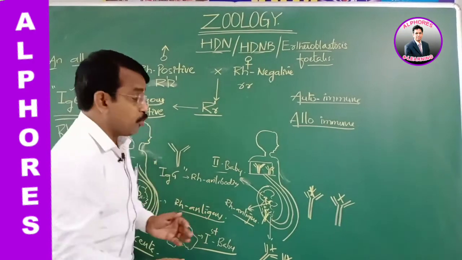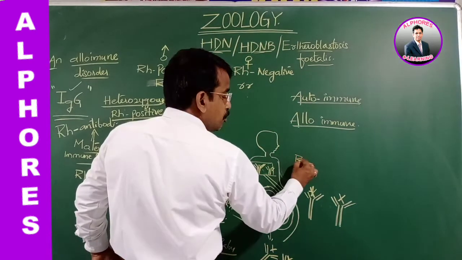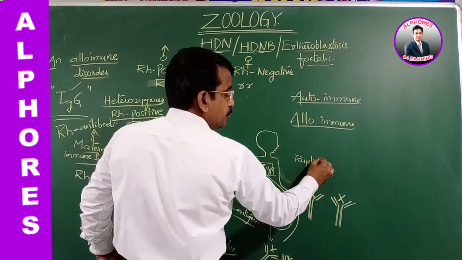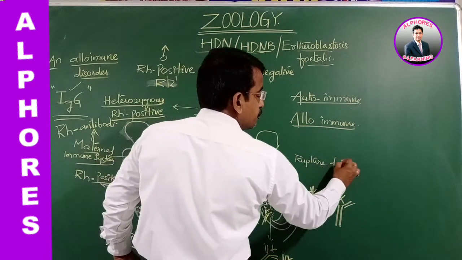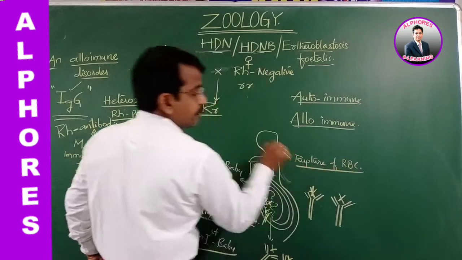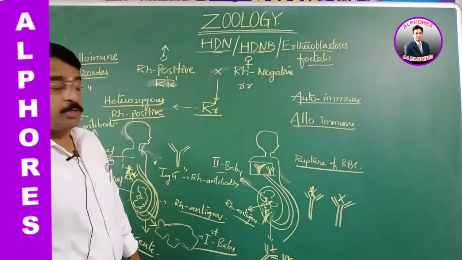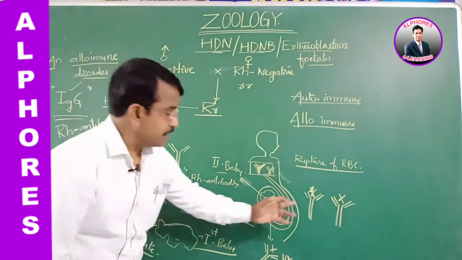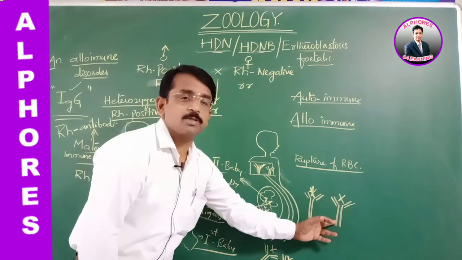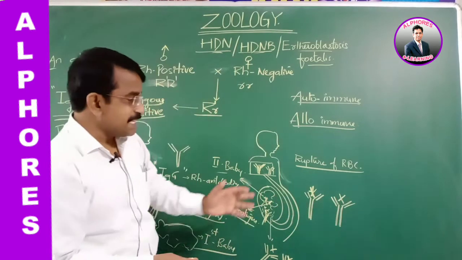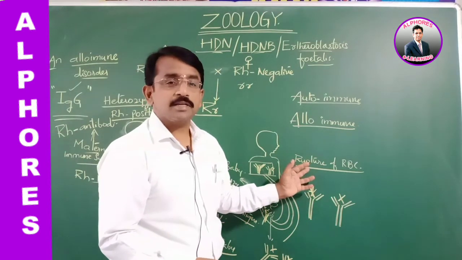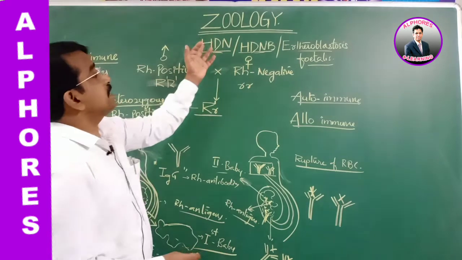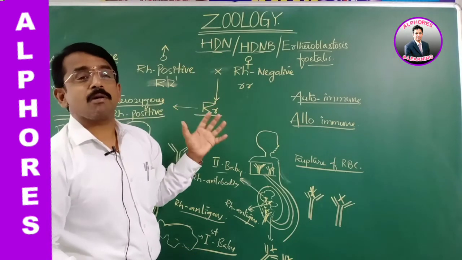This clumping causes the rupture of RBCs. It is nothing but a kind of exaggerated immune response. The Rh antigens and Rh antibodies clump. This results in the rupture of RBCs. That is nothing but the hemolytic disorder.